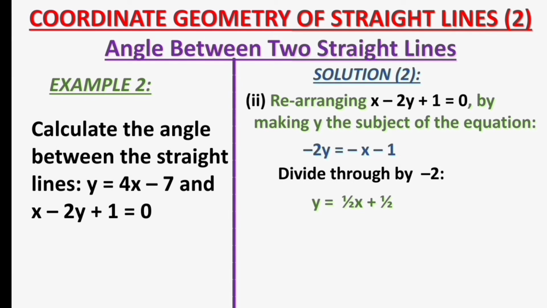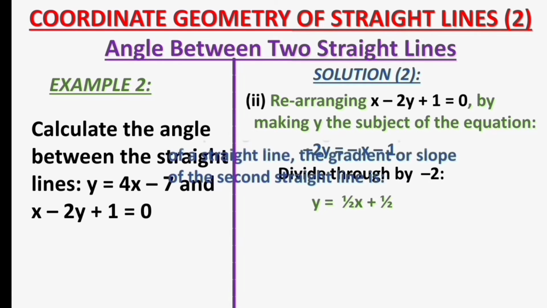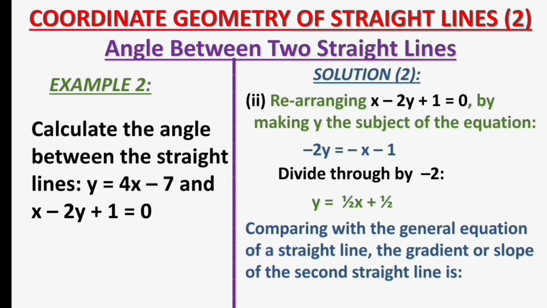Secondly, let's rearrange our second equation, which is x minus 2y plus 1 is equal to 0, by making y the subject of the equation. When we do this, we are going to have the equation as y is equal to 1 over 2x plus 1 over 2. Now, comparing this rearranged equation with the general equation of a straight line, what will be the gradient or slope of the second straight line?